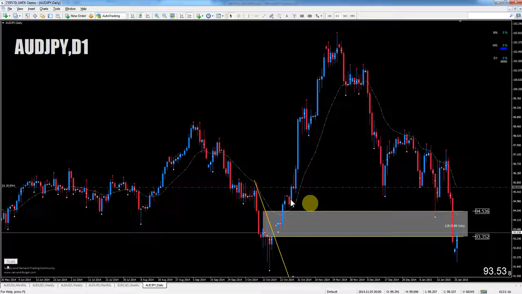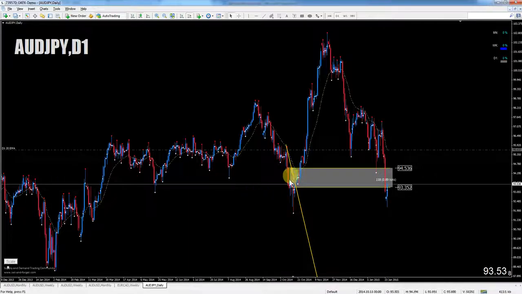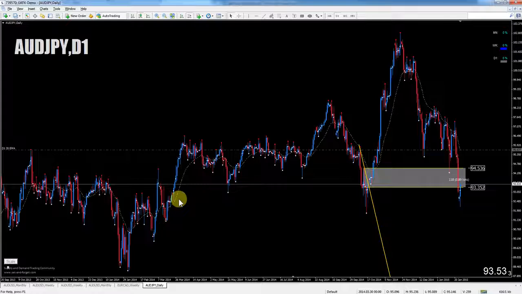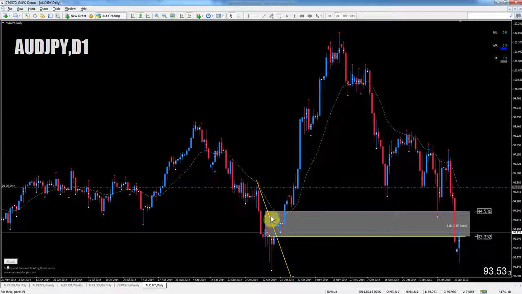Okay, and after that happens, this is supply because you remove demand over there. And even that one. So this is supply. But once we have a descending trend line broken and one supply area removed, that doesn't mean we have an uptrend. We just have consolidation.